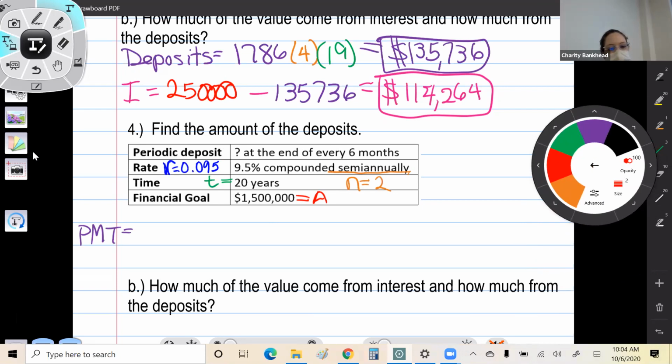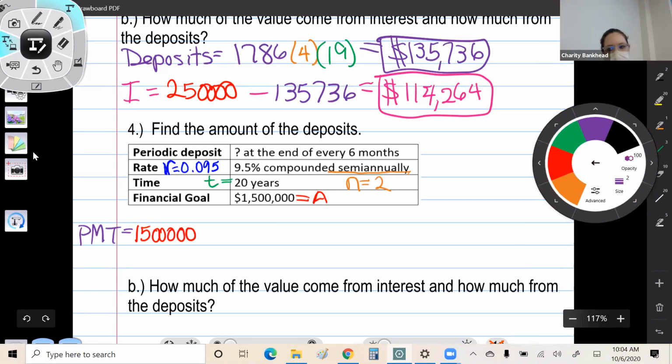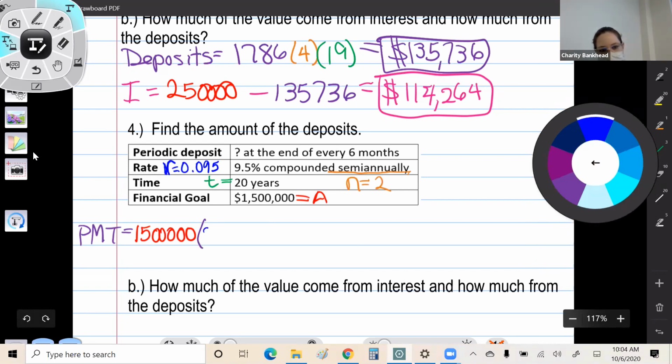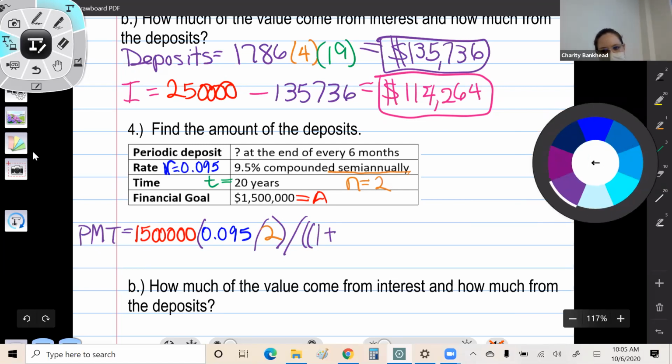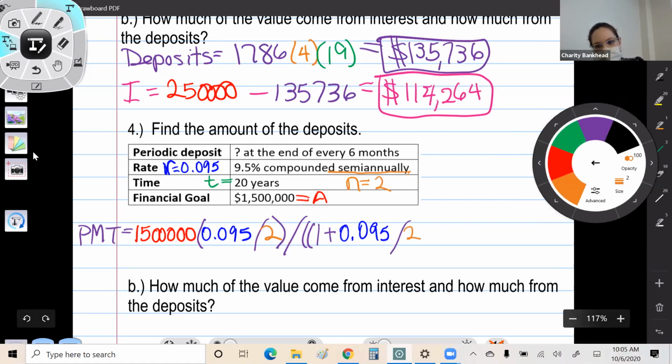So PMT equals 1,500,000 times R over N, so 0.095 over 2, close the parentheses, divided by double open parentheses, 1 plus R over N again, so that's 0.095 over 2, close the parentheses, to the power of 2 times 20, minus 1.